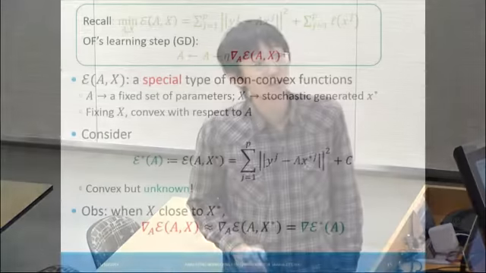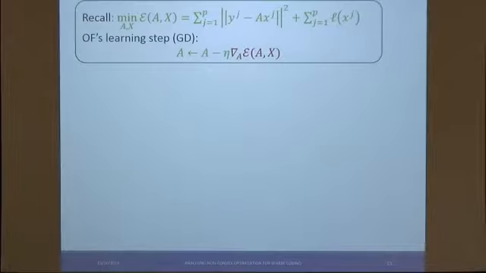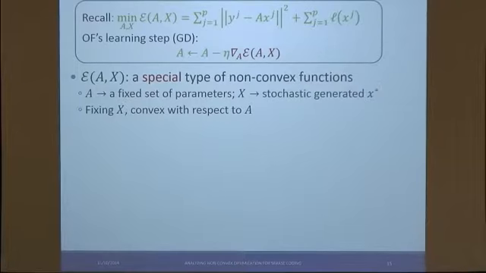Just for comparison, because I'm going to say something new, recall we are going to analyze this, and in the learning step we are going to use gradient descent. If you look at this energy function, this is kind of special, like we discussed. You have this A that corresponds to a fixed set of parameters, and X corresponds to a stochastic, random part.